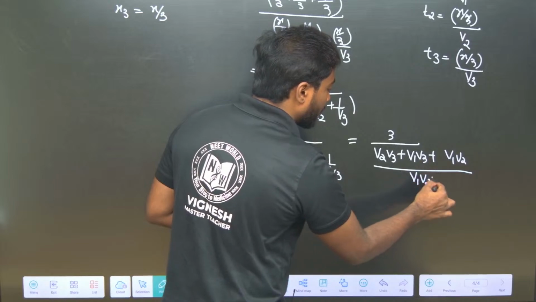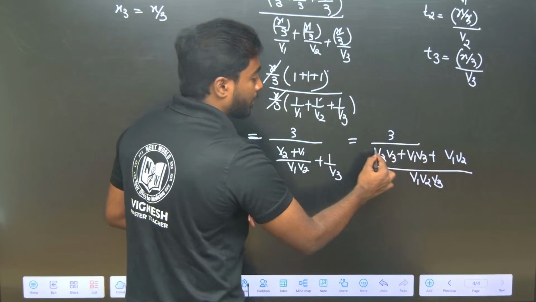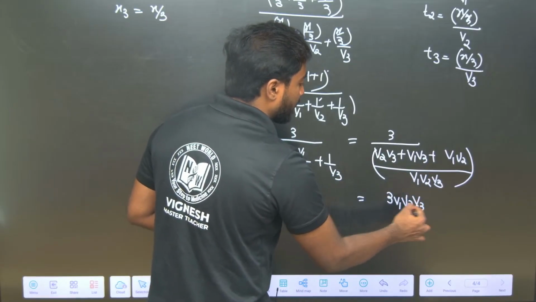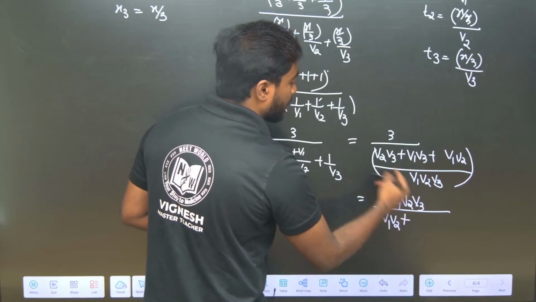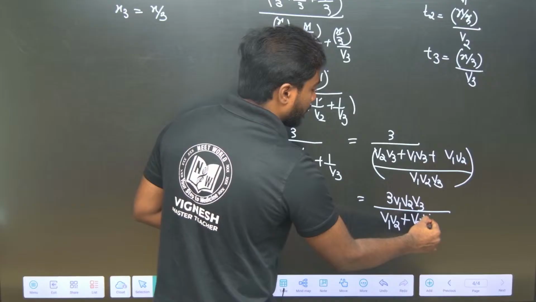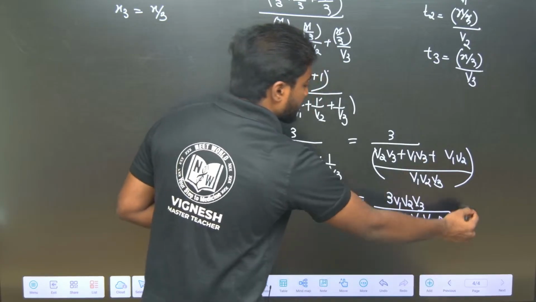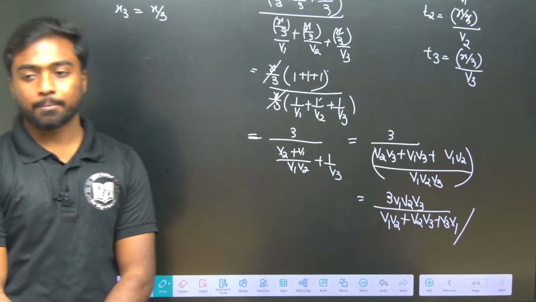Taking this to the numerator, we get 3 V1 V2 V3 divided by V1 V2 plus V2 V3 plus V3 V1. So this is my average velocity for the given question.